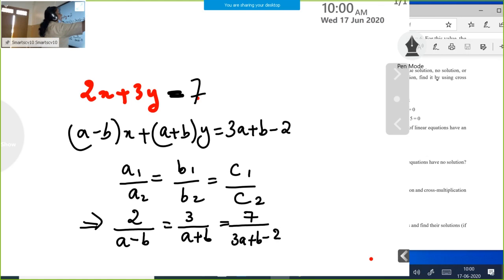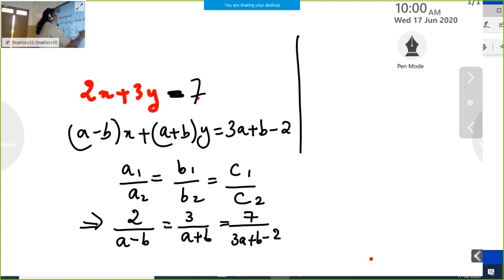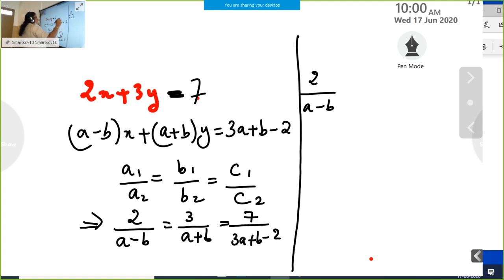Comparing 2 divided by a minus b with 3 divided by a plus b, we cross multiply.